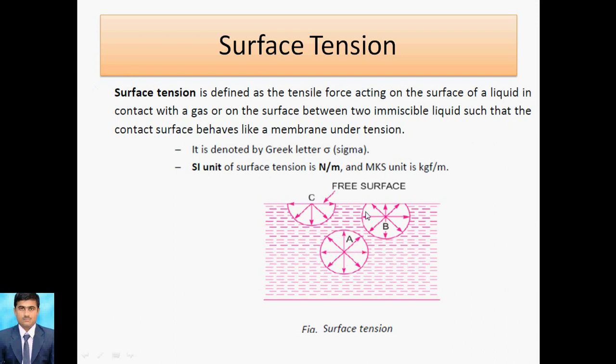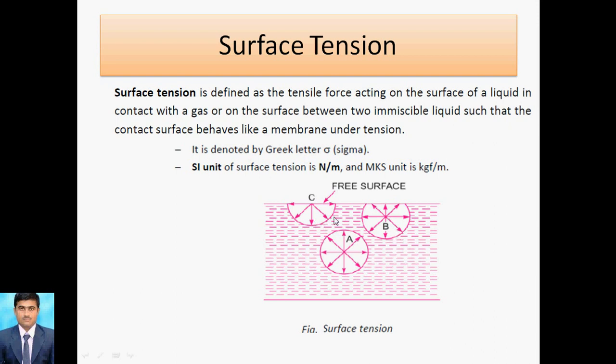Molecule B is slightly in contact with the free surface, so forces can act in upward as well as downward directions, and the net resultant force will be in a downward direction.